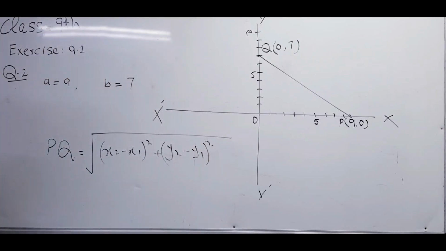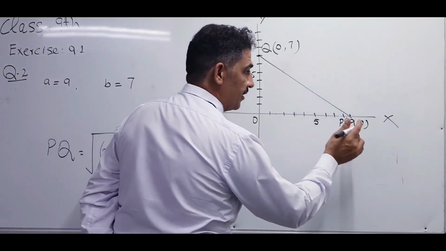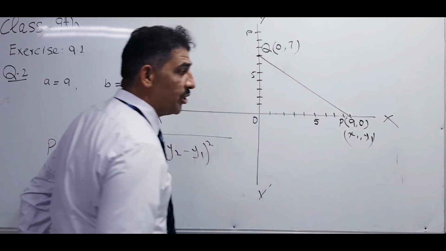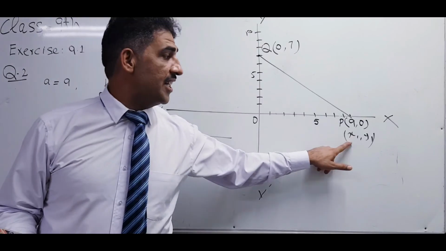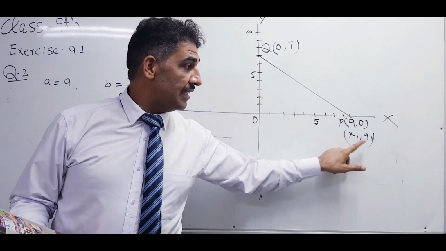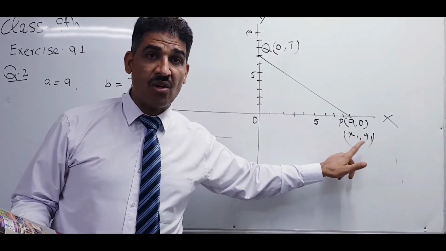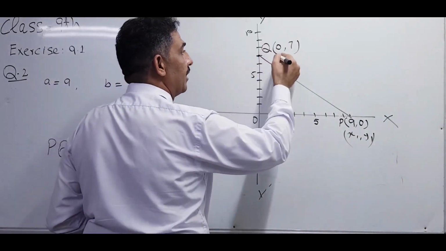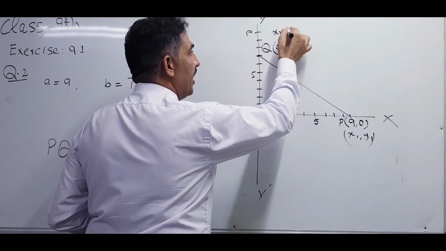Where is x1, y1? This is x1 and y1. Some students make the mistake of thinking this is x1 and this is x2. This is not x1 or x2. This is wrong. This is x1, y1, and this other point we assume is x2 and y2.